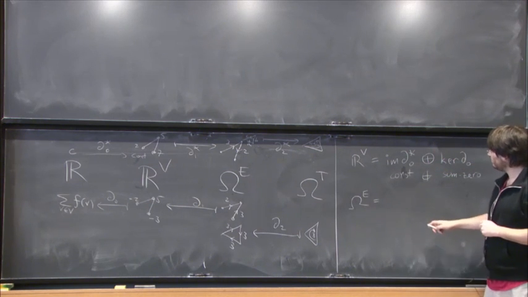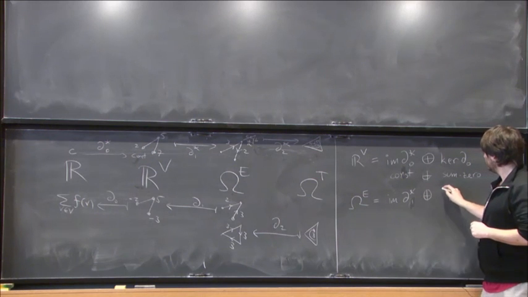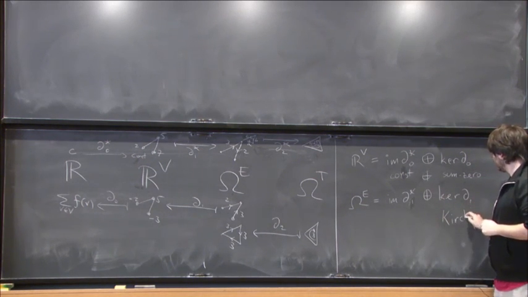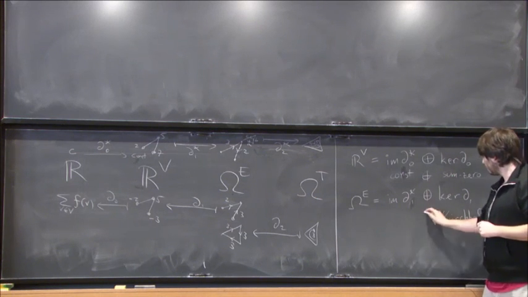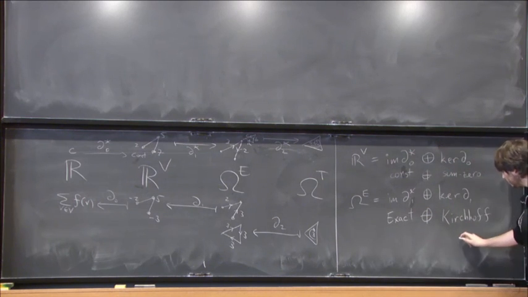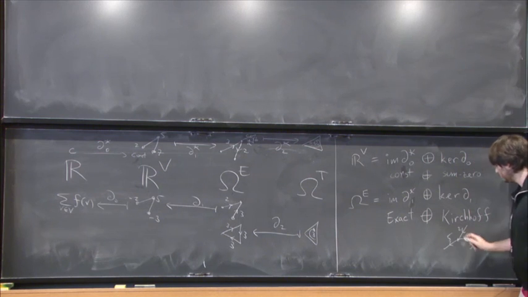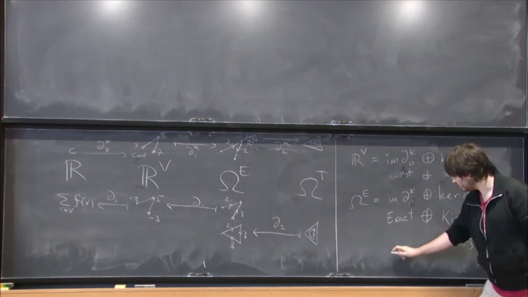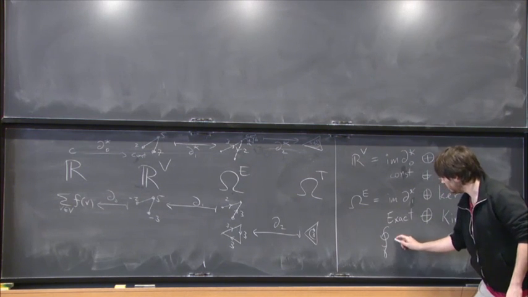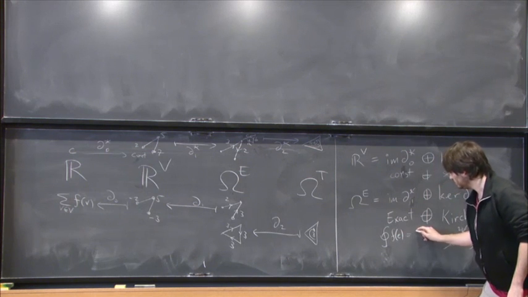This was Kirchhoff, and this was exact. So I remind you, Kirchhoff means that what comes in goes out in every vertex, and exact means that the integral over any closed path is 0.